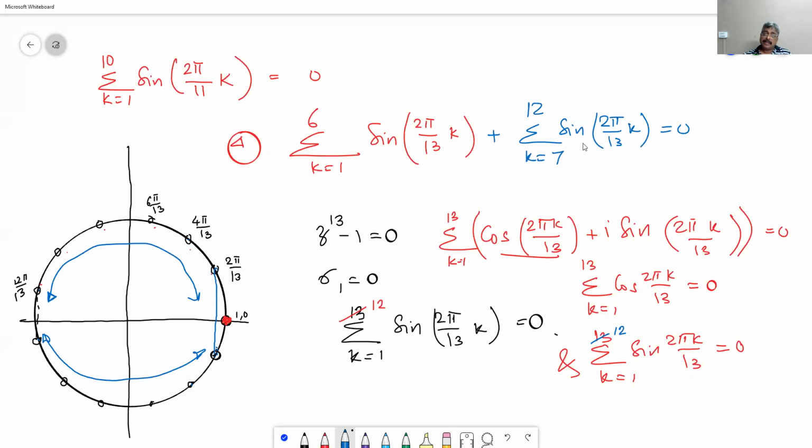Why? Because all these 6 guys are negative sine ratios. Y coordinates are negative, right? And they are exactly same spaced here. Therefore, this quantity is exactly equal to this, but opposite in sign. Therefore, they add up to 0. Therefore, this quantity is equal to this quantity.